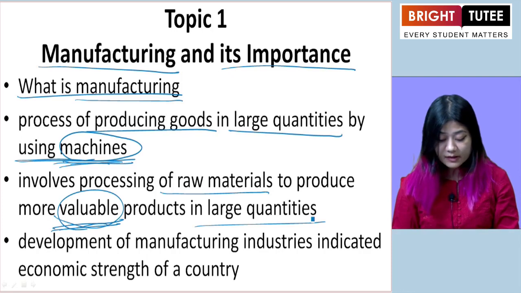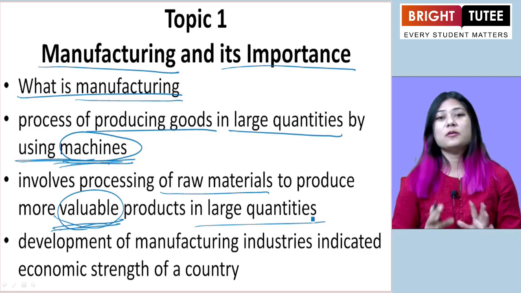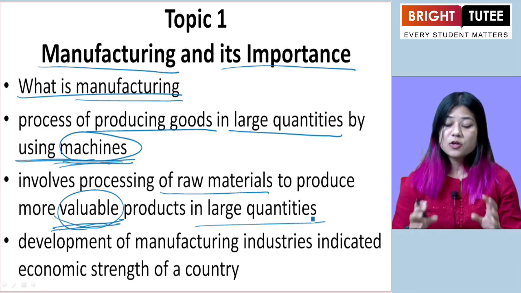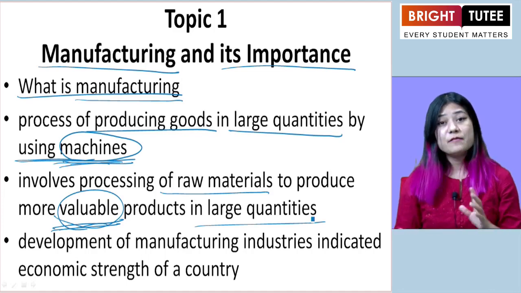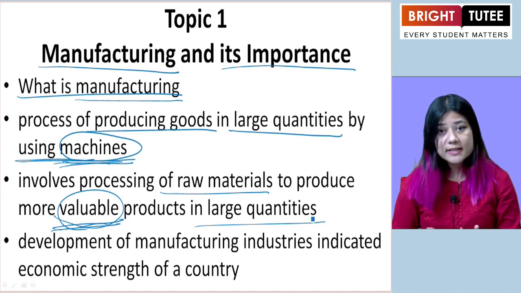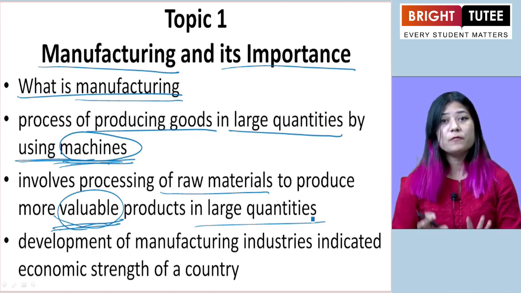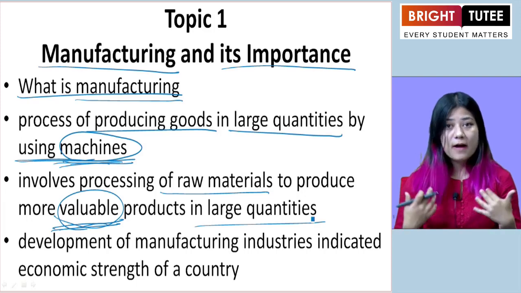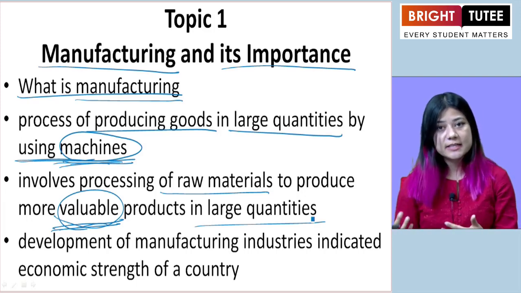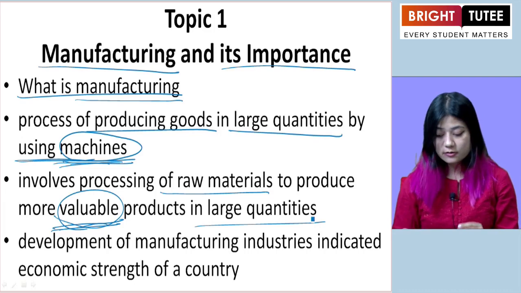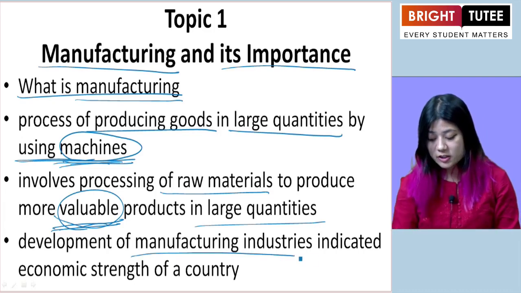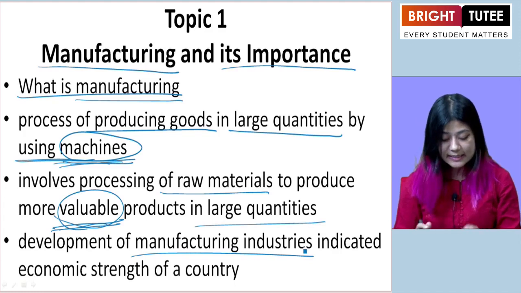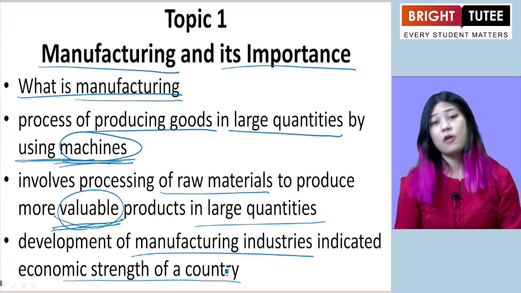Okay. Now, when we talk about the manufacturing sector, about industries that manufacture products, they are very important for our society, for the economy and development of our nation, which is India, as well as any nation. The development in the sector of manufacturing industries indicates the economic strength of a country.